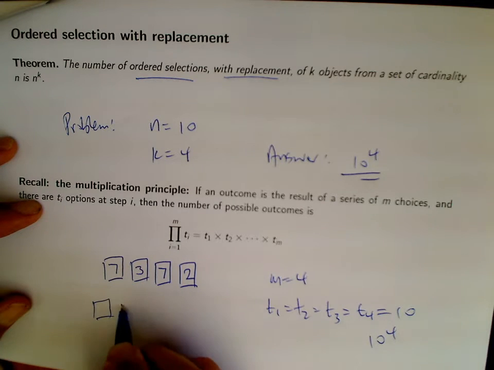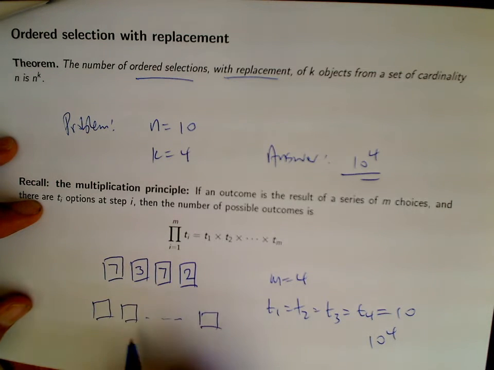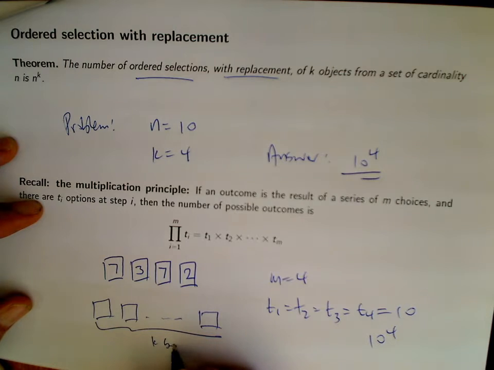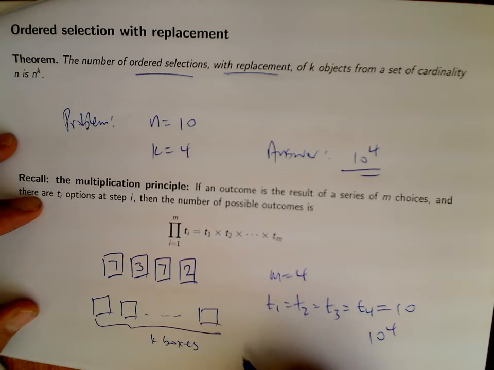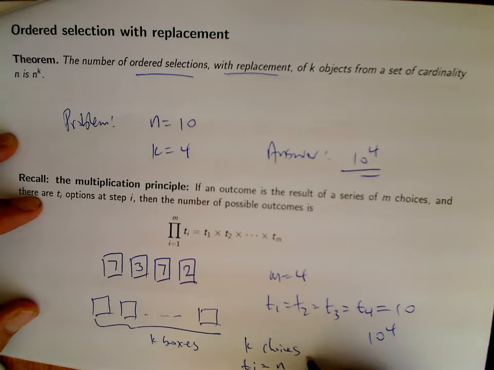We'll have k boxes, and we've got n options at each step. So we're going to have k choices, and t_i is going to equal n for each i.